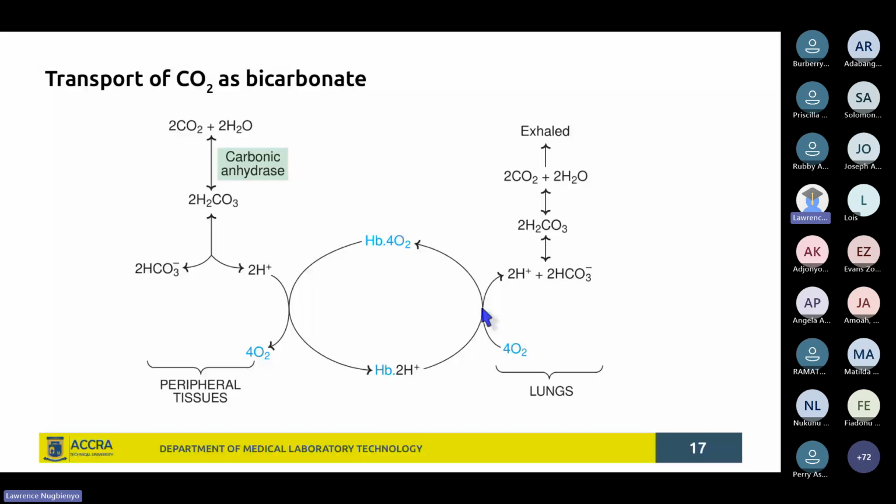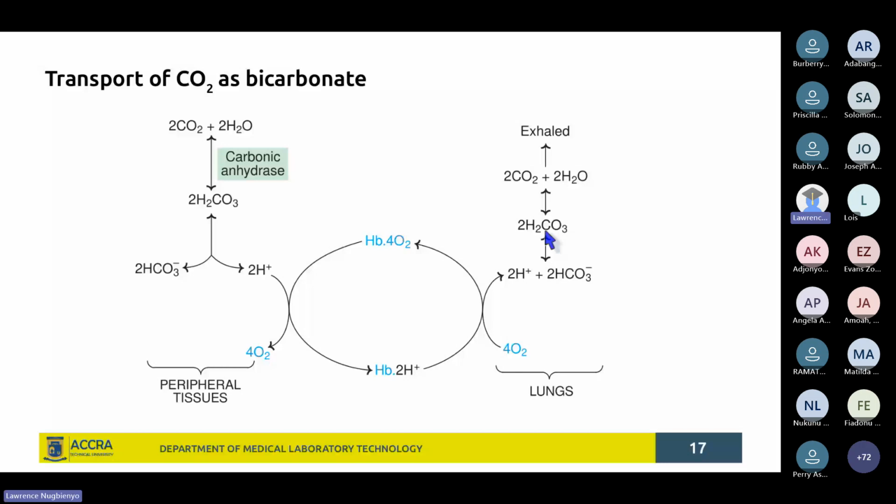So as hemoglobin reaches the lungs, bicarbonate ions in blood now recombine, they react back with the hydrogen ions to form carbonic acid. So that is the reverse of the process which was occurring in the tissues.